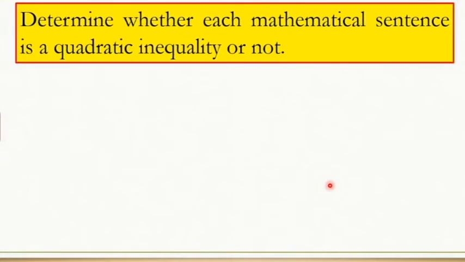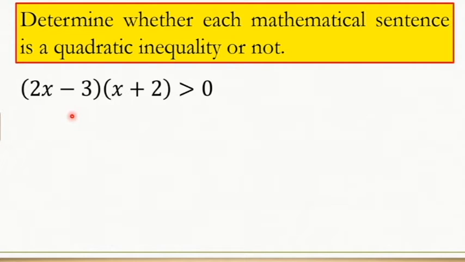Okay, determine whether each mathematical sentence is a quadratic inequality or not. So kapag binigyan kayo ng ganitong given, of course you have to simplify first. Okay? So, kailangan isolve mo muna ito. So, I have here 2x minus 3 and x plus 2 is greater than 0. So, we have to solve first.